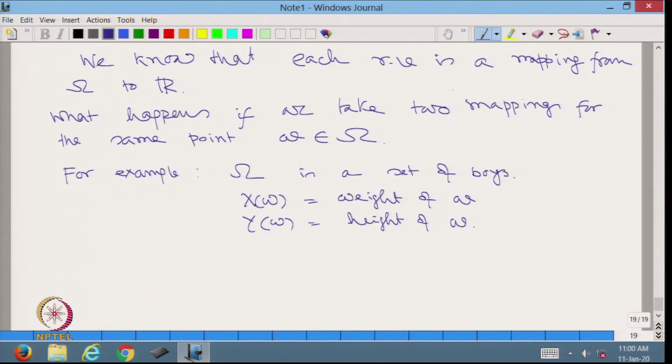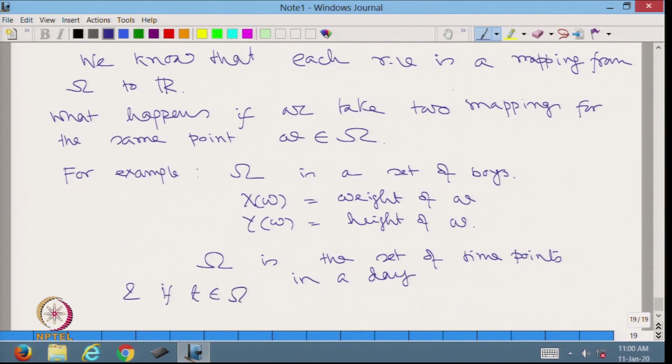In a similar way, if omega is the set of time points in a day, and if t is a time point belonging to omega, X t is equal to temperature and Y t is equal to humidity at the point t.